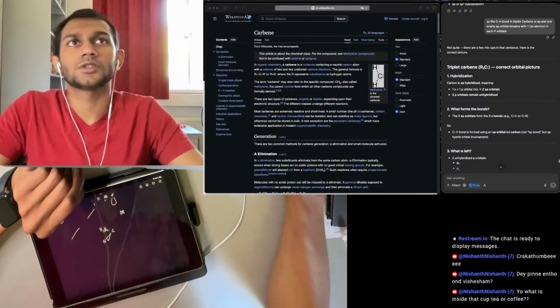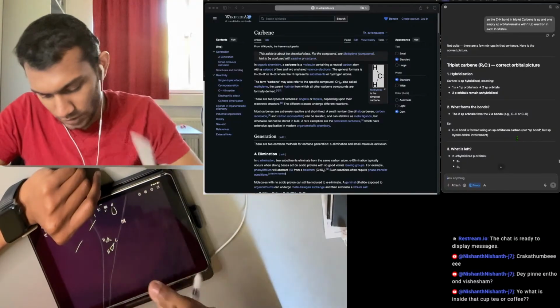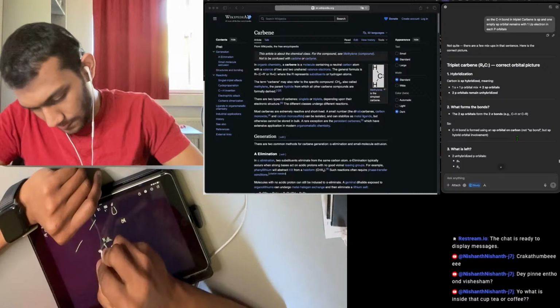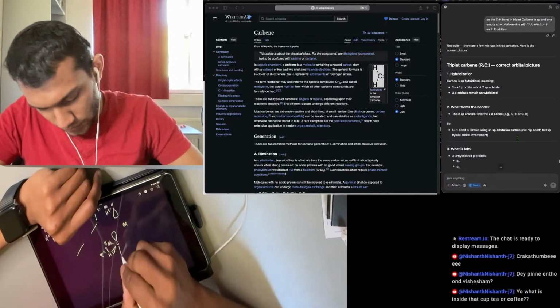Two p orbitals remain unhybridized. Oh, only two sp2. Okay, sp2 sigma bond. Okay, and we got two p orbitals.